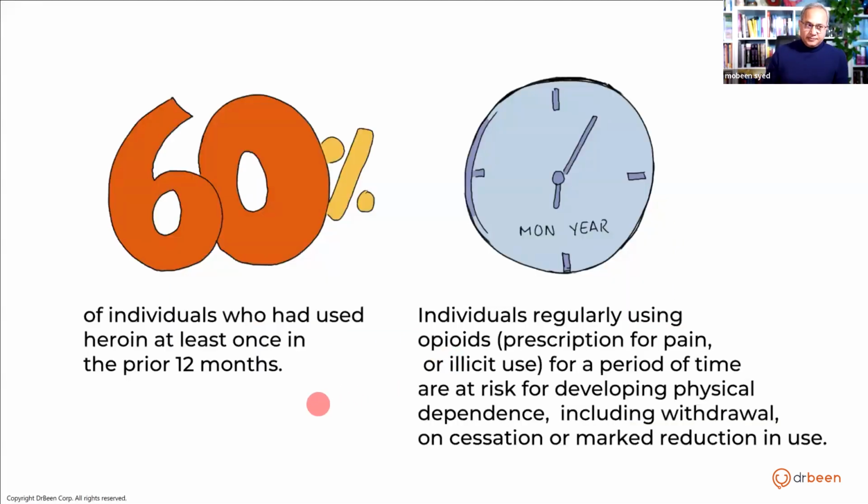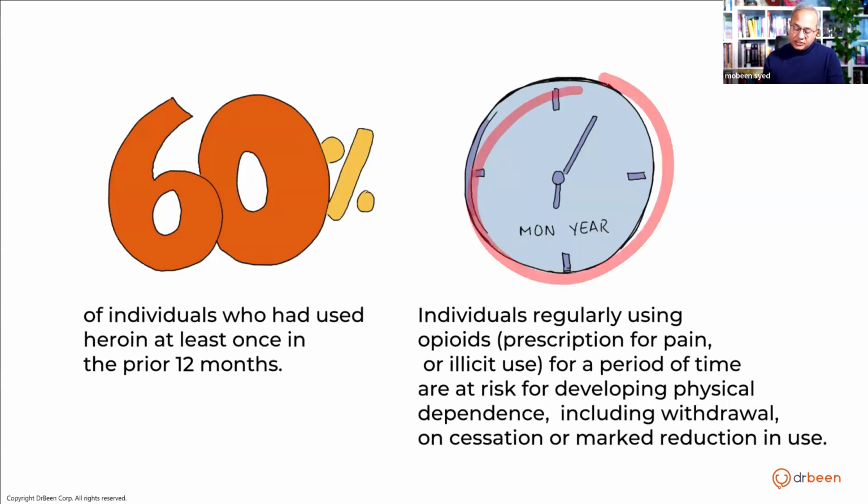Now the prevalence. 60% of individuals who had used heroin at least once in the prior 12 months experience withdrawal. So individuals who have used heroin within the last 12 months, 60% of them experience withdrawal.